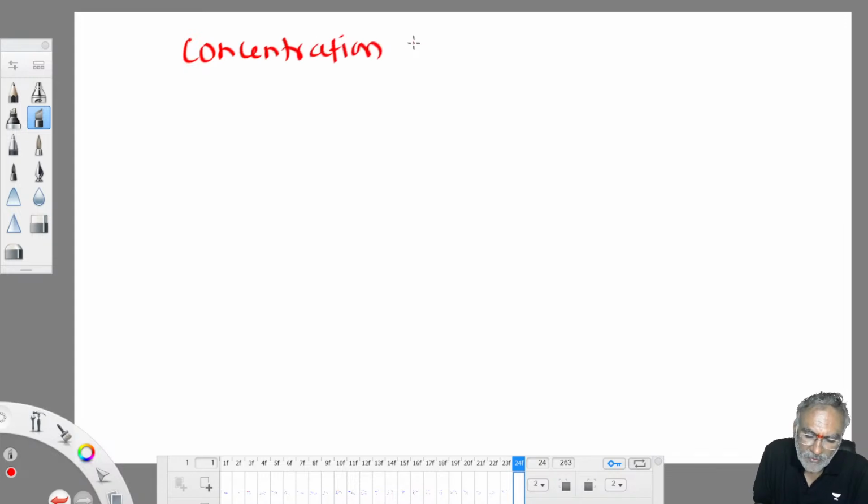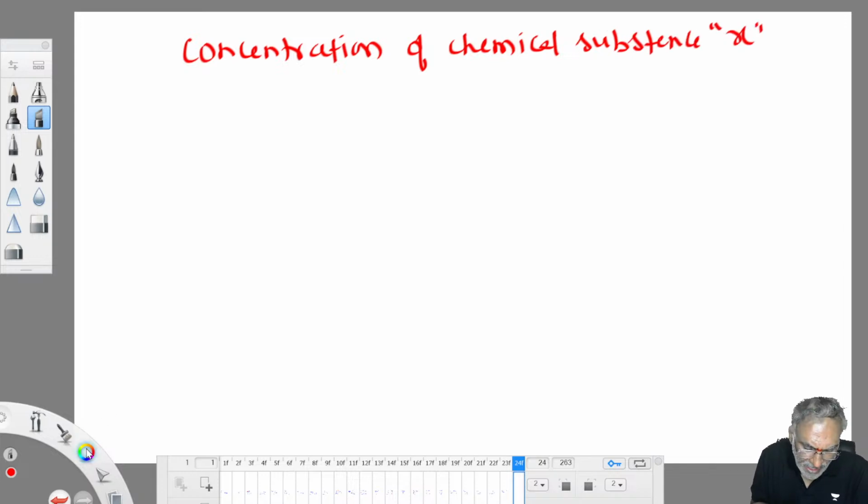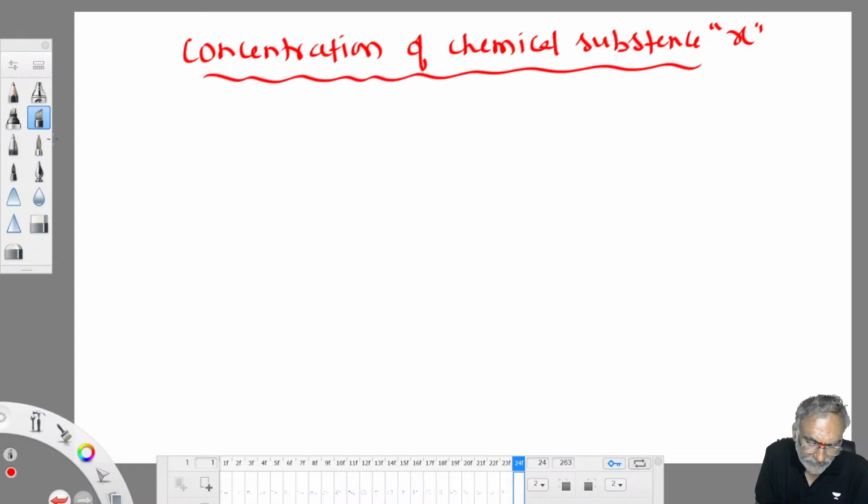This is the ionic concentration of the substance.